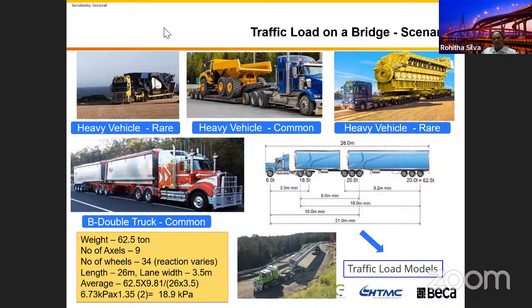I think we call them the Caltrans trucks. I think in the state of California in the USA, they use a series of trucks in their designs. But for example, this is something we can do normally. If you are testing an existing bridge, for example with this B-double truck, we know the axle load exactly. They have load limits, and these are quite accurate.